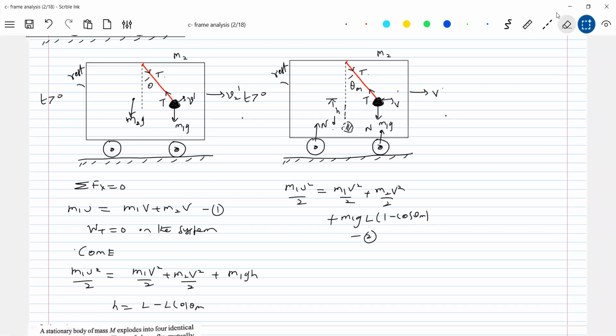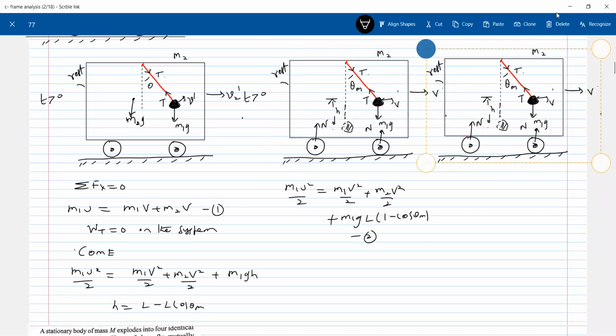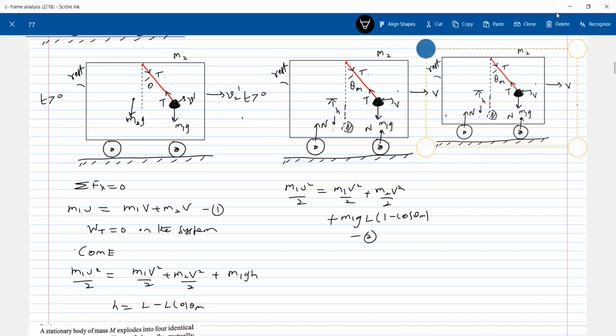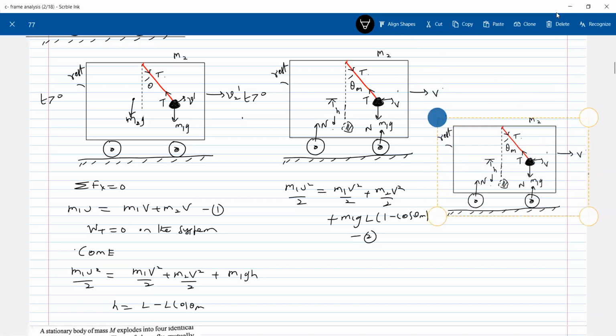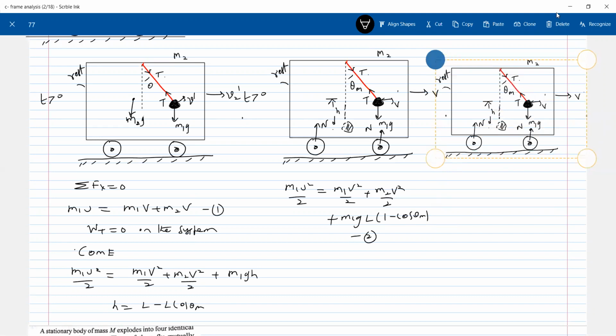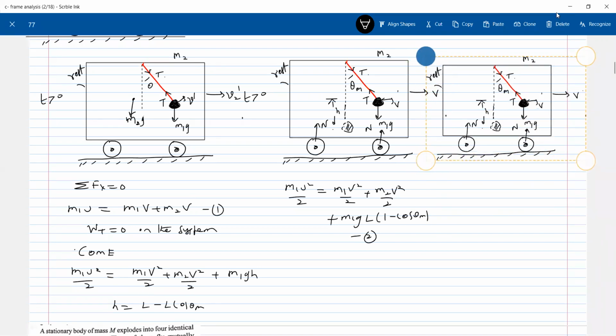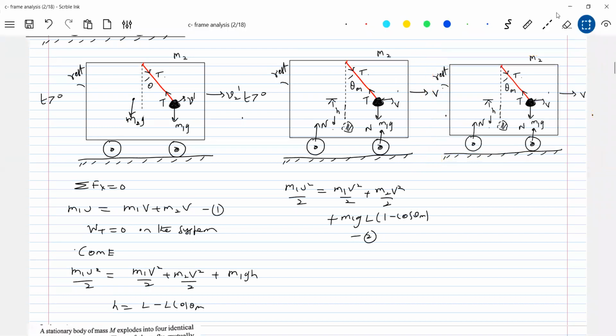Then the next situation we will get. I'll take it out.